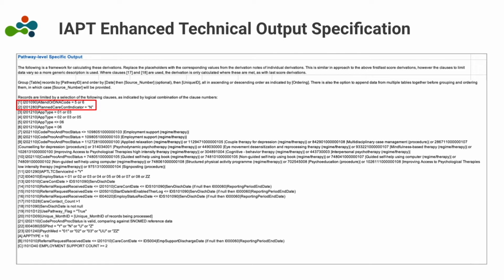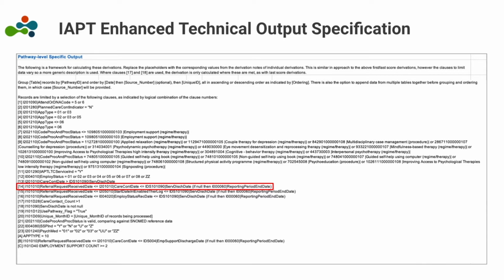Clause 1 and 2 specify that they must be attended or unplanned contacts. Clause 4 specifies that it must be a treatment contact. Clause 7, that the care activity associated with the contact is not employment support. And clause 14, that the contact date is between the referral start and end dates.